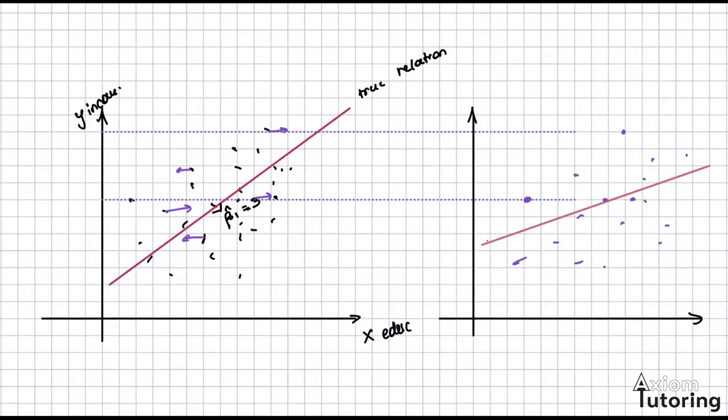So the signal, the true variation in education, is still there, but it's now buried inside a wider, noisier cloud. Think about the spring analogy. Imagine that the true data points are like beads on a spring. Measurement error stretches the spring, spreading the beads further apart along the x-axis. So the true relationship between the beads hasn't changed. It's just that their spacing has changed.